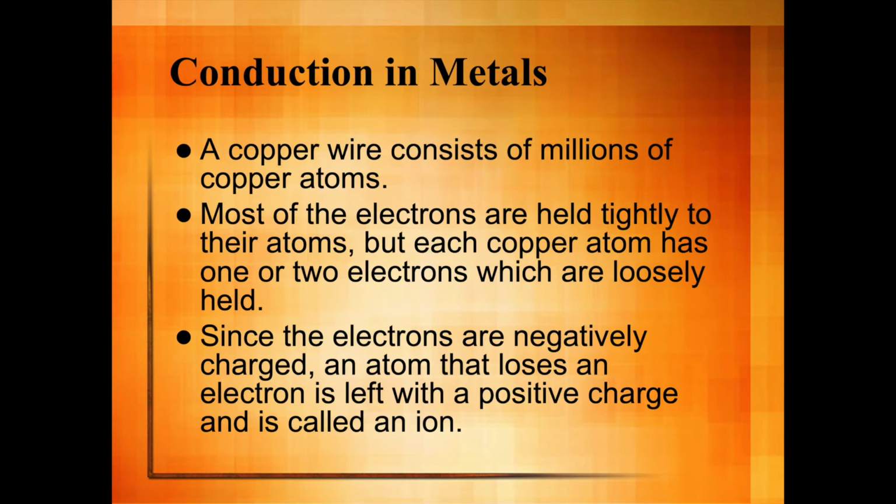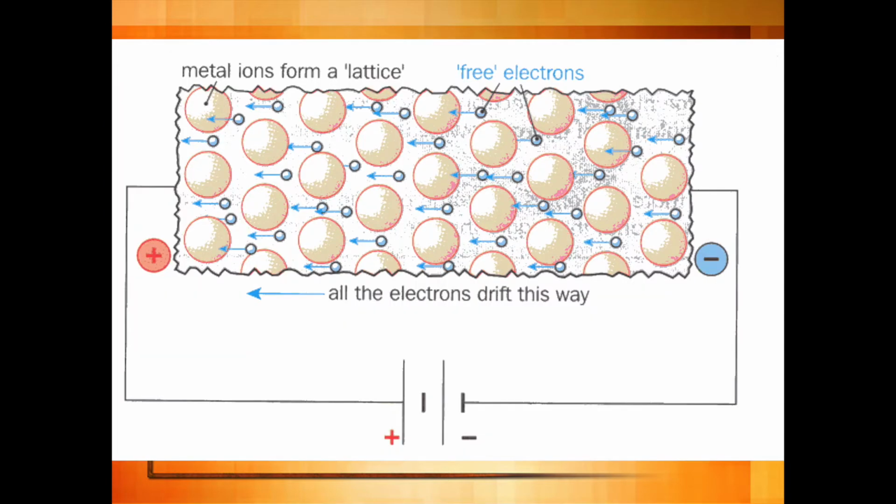And so they're slowly moving in a singular direction because of the way that the negatives and the positives are interacting along the way. And overall, that's driven by the negative terminal of the battery, and it's repelling the electrons from there. And then those electrons are drawn toward the positive terminal of the battery.